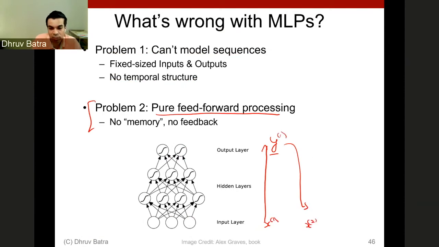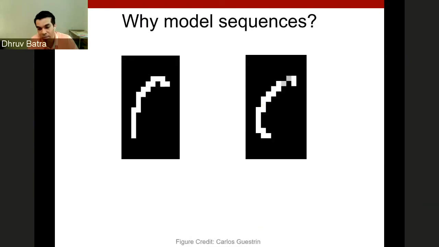Y1 does not get utilized in order to make predictions about X2. We assume data is independent and that any prediction made about past data tells us nothing about what to do for new data. So there's no memory in the system about what the system has said or predicted in the past. And it's important to model memory or sequences.